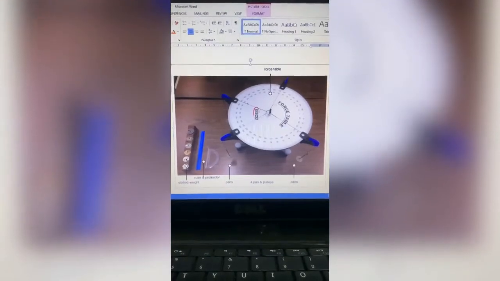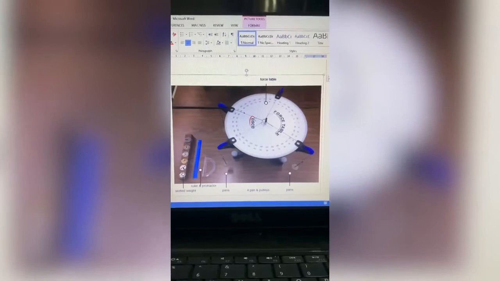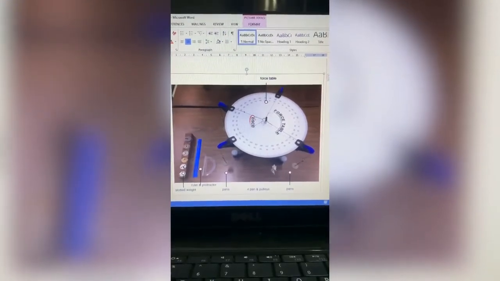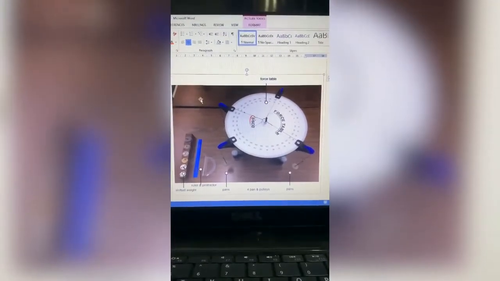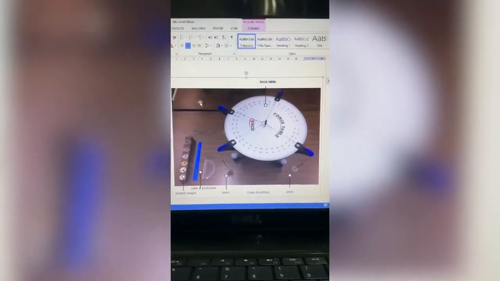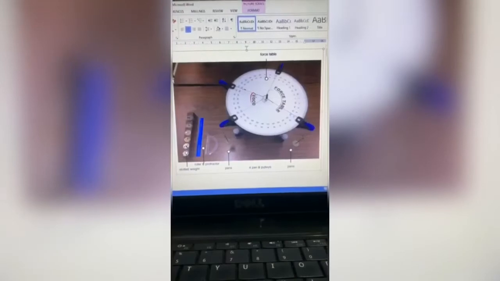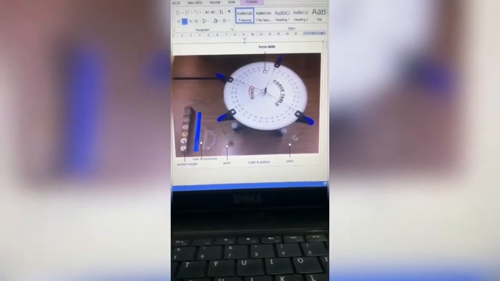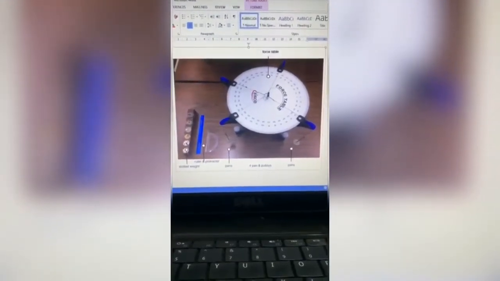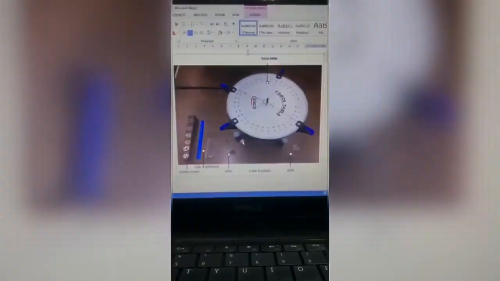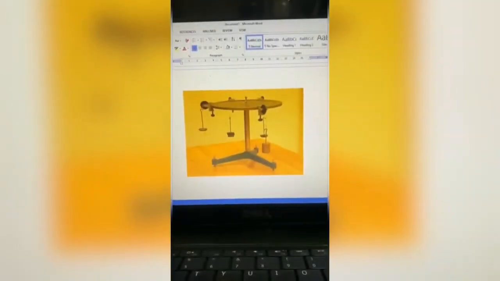And the apparatus is like this. We collect all the equipment and set up the material like in this diagram. Okay, and then the procedure.